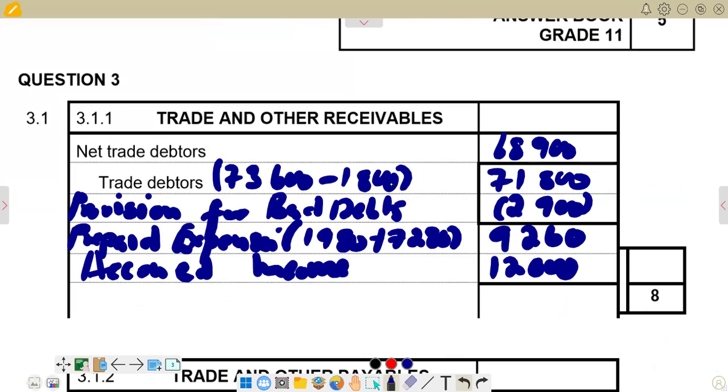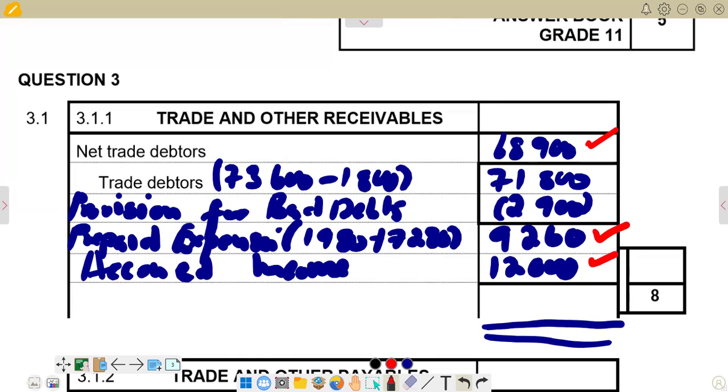And obviously now to get the total for trade and other receivables, the total is supposed to come here. We are now saying the figure for debtors that we have is 68,900. Then we add the figure for prepaid expenses, which is 9,260. And then we add also accrued income, which is 12,000.